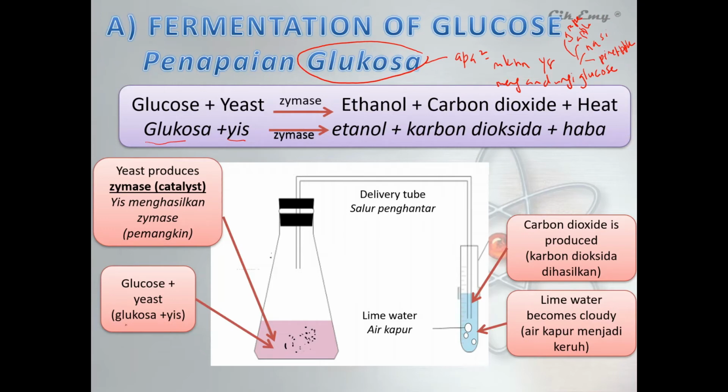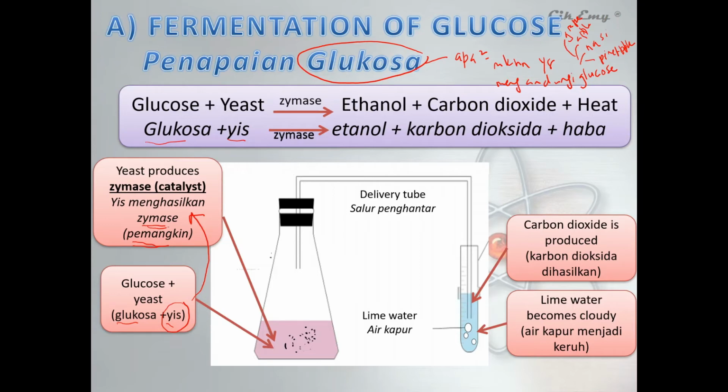So when we put glucose and yeast inside, this yeast will produce a catalyst called zymes. So yeast ni dia akan menghasilkan satu catalyst ataupun satu pemangkin, nama dia zymes. So this zymes will speed up the fermentation process.